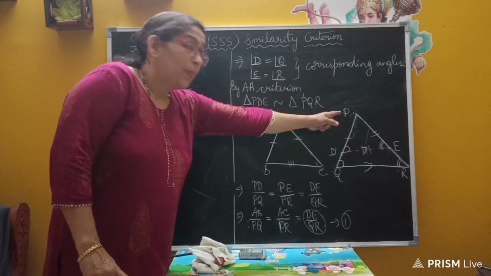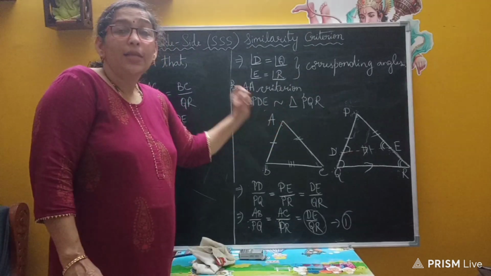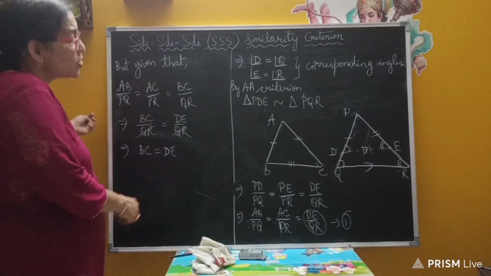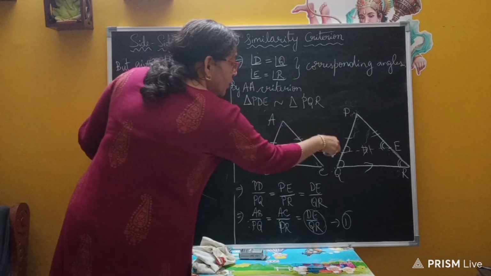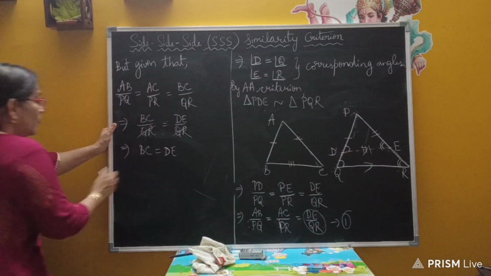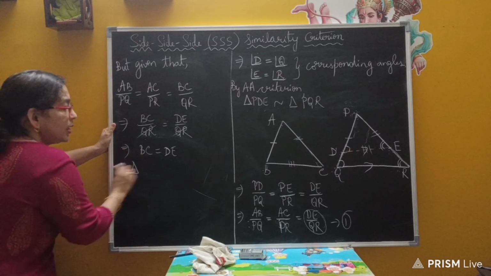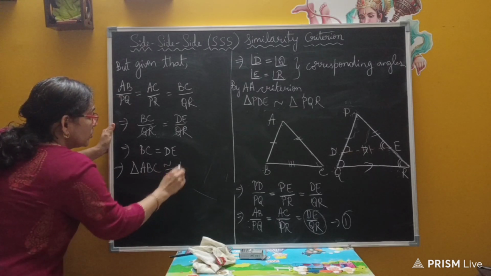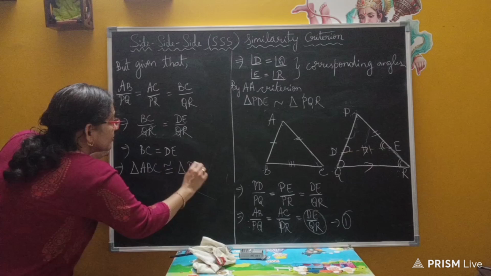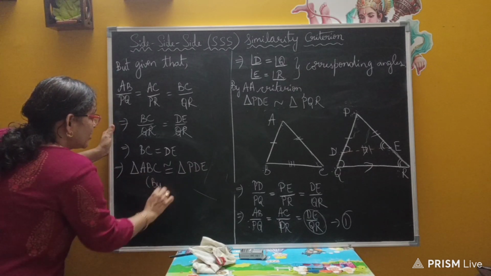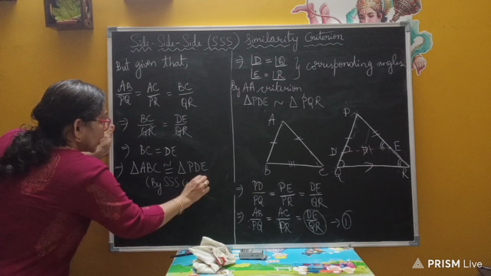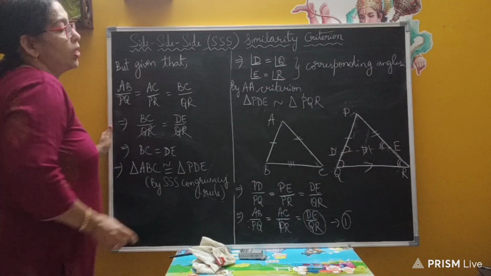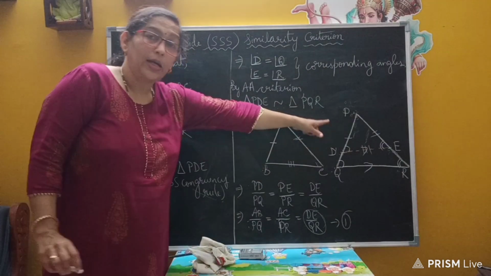By SSS congruency rule, triangle ABC is congruent to triangle PDE, by SSS congruency rule.